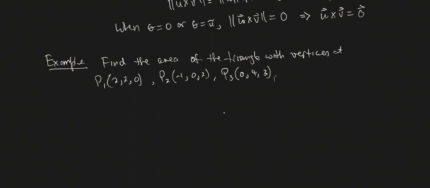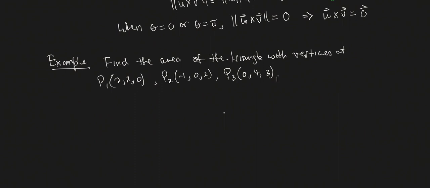Notice the problem doesn't say anything about vectors, right? Well, let's go ahead and I'll give a sketch, but I'm not going to put any axes. I'm just going to plot the points. Let's say these are the three points: this is P1, this is P2, this is P3, and I want to find the area of the triangle they define.